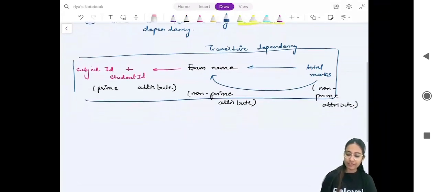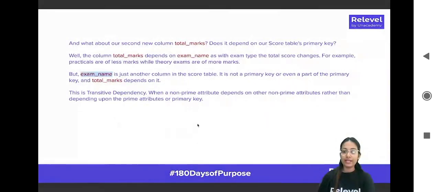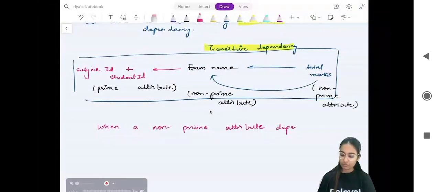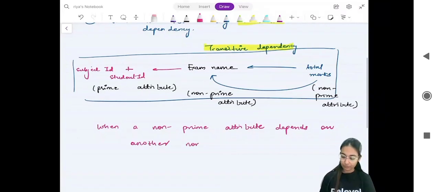So transitive dependency as a concept says that when a non-prime attribute actually depends on another non-prime attribute, here total marks dependent on exam name, rather, it should actually happen that non-prime attributes should depend on prime attributes.